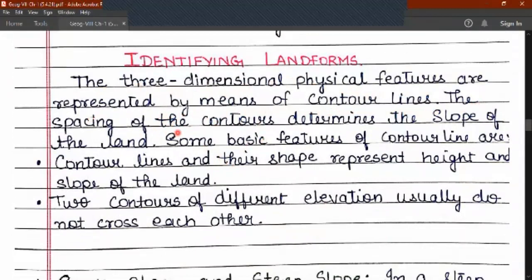The spacing of the contours determines the slope of the land. Some basic features of contour lines are: number 1, contour lines and their shape represent height and slope of the land. Number 2, two contours of different elevation usually do not cross each other.